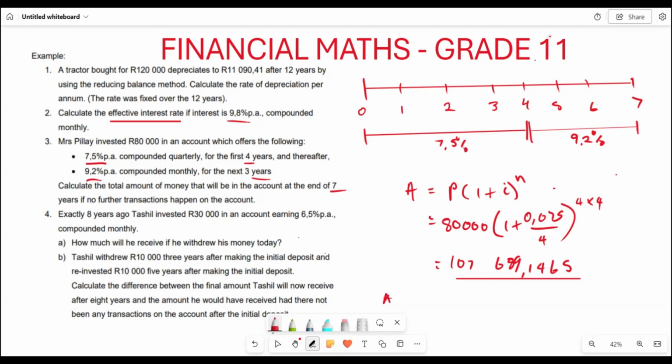Which means to get the accumulated amount, this is going to be 689,1465 into 1 plus the interest, which is 0.095 over 12, because this is compounded monthly, for 3 multiplied by 12 if I'm not mistaken, right?